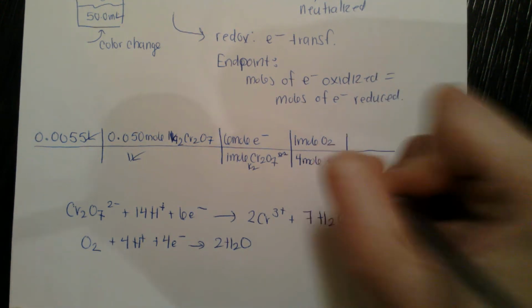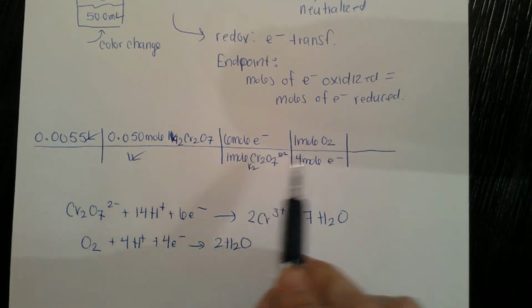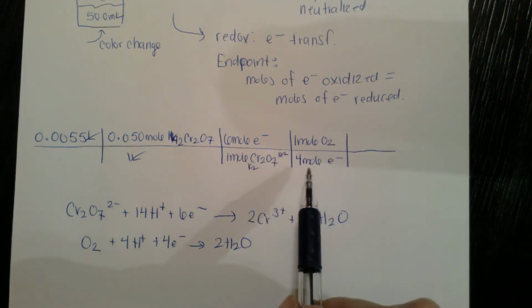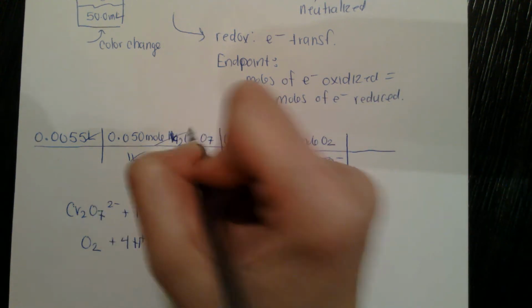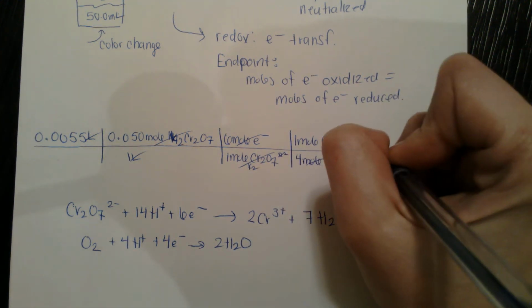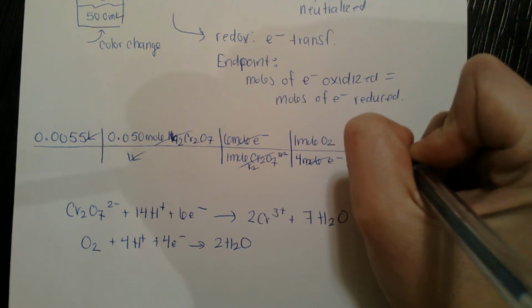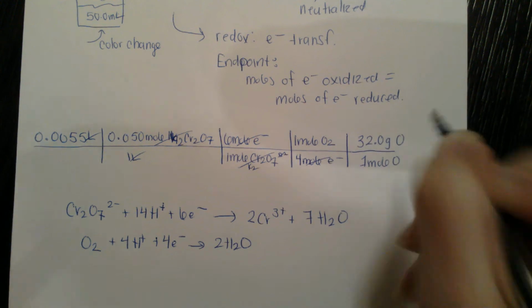Okay, so then the problem asks us to calculate this in milligrams per liter. Okay, so we're just going to go ahead and now that our moles of electrons have canceled, and our moles of potassium chromate, we want to convert moles of oxygen to grams, so we're going to use the molar mass. So 32.0 grams of oxygen for every 1 mole of oxygen.